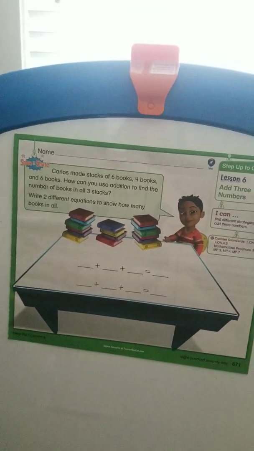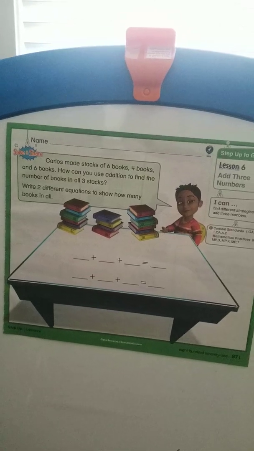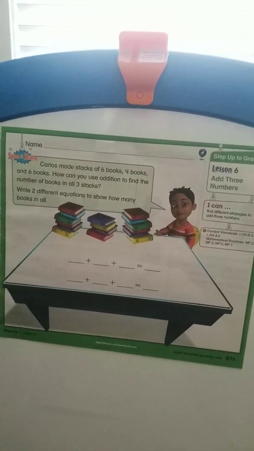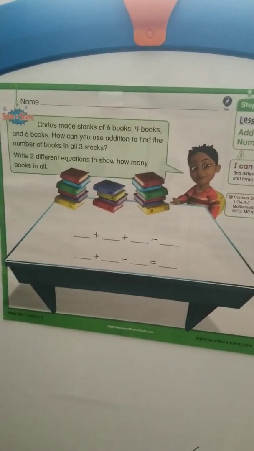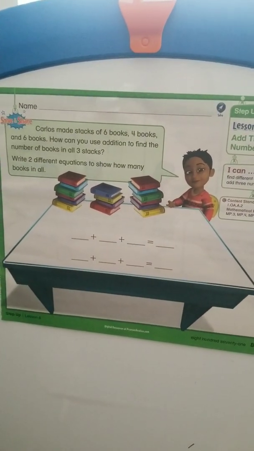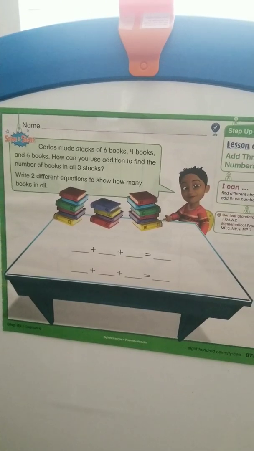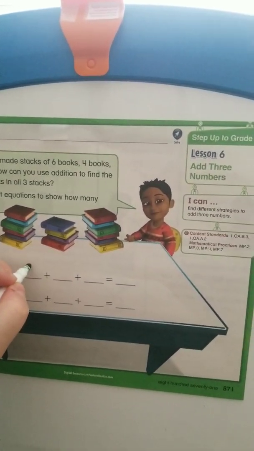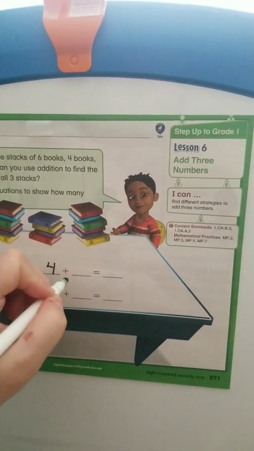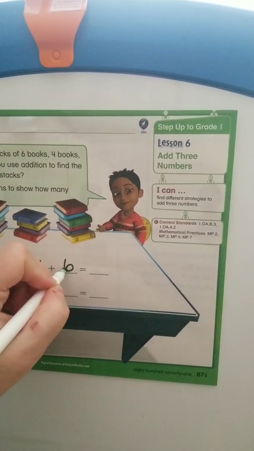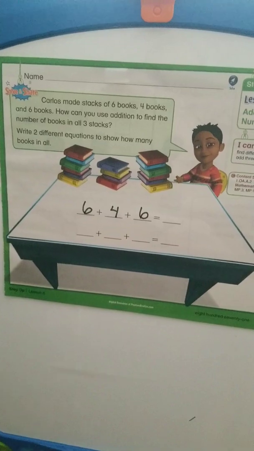Okay, so there's a stack of 6, a stack of 4, and a stack of 6. So what 3 numbers do you think I need to write here? What plus what plus what? Well, the first stack has 6 books, the second stack has 4 books, and the third stack has 6 books, right?